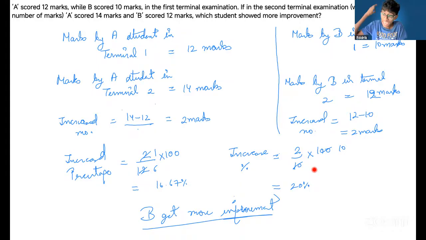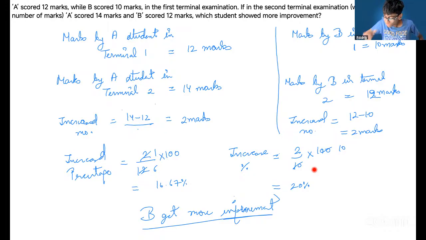So A's improvement is equal to 14 upon 12 into 100, because in terminal 2, A got 14 and in terminal 1, A got 12. So 14 by 12 into 100, which is equal to 16.66%.